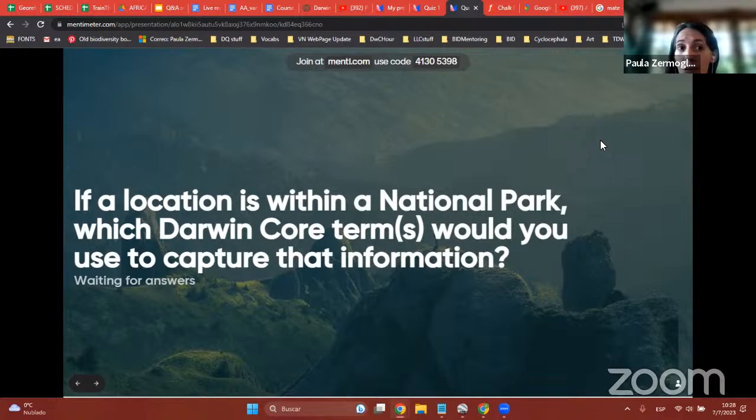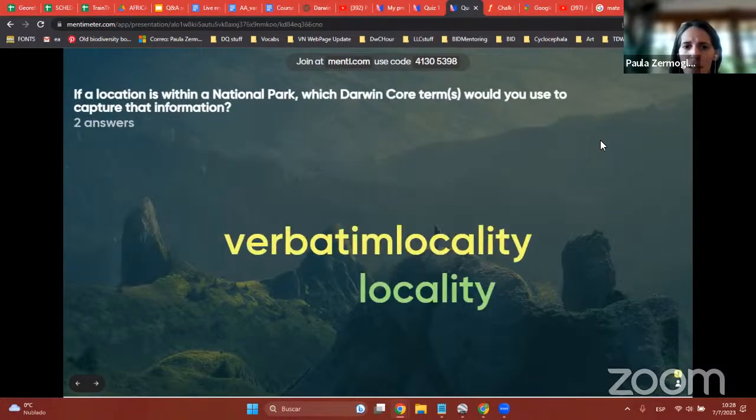There are some terms in Darwin Core that require specific values that use controlled vocabularies. Like, for example, the country code. Remember that in country code, Darwin Core asks that we use the ISO 2-letter code to fill in that field. And there are some other fields that also have recommendations on which values to use. But it's very important that you get familiar with the standard.